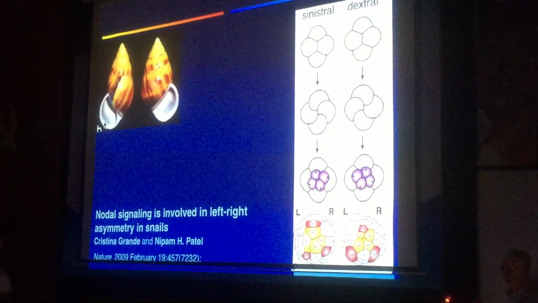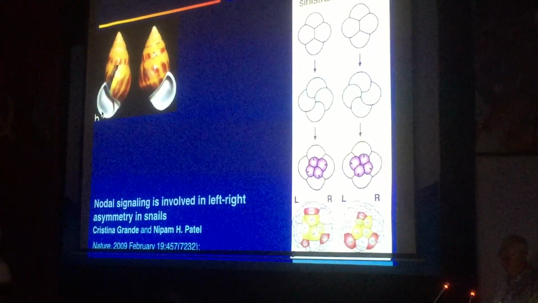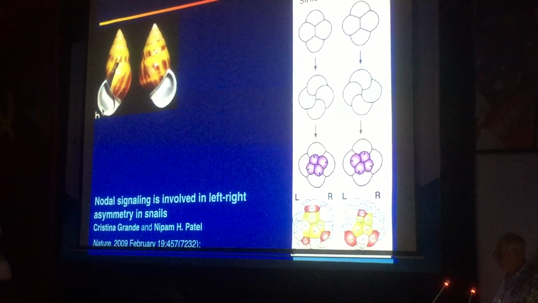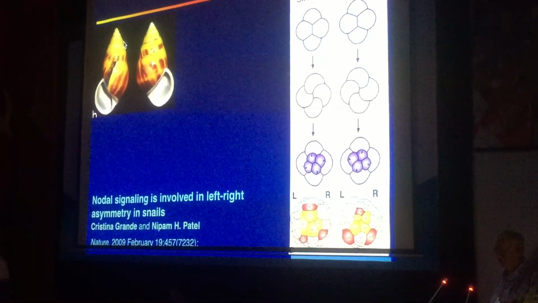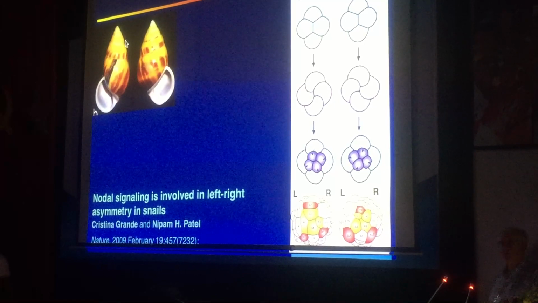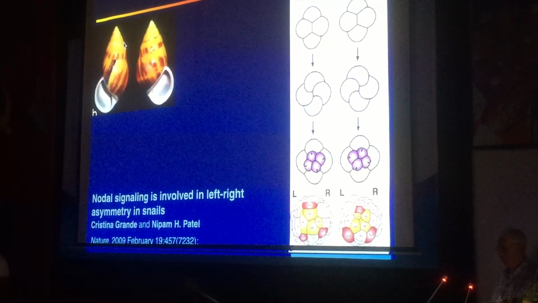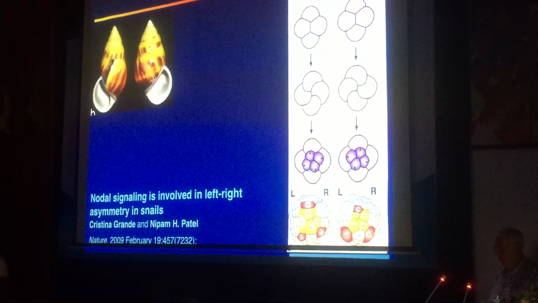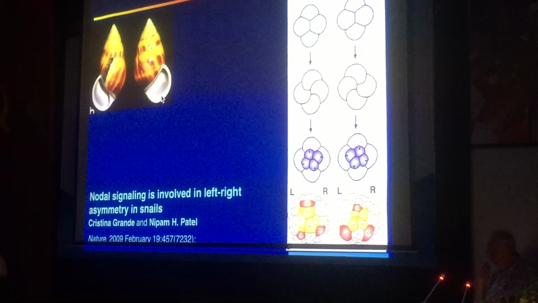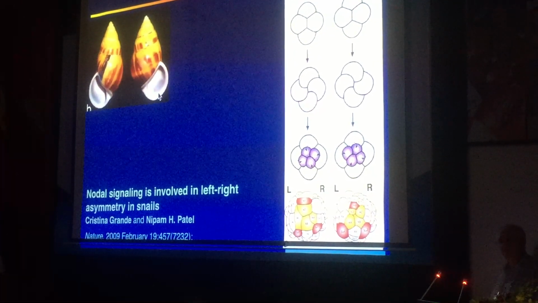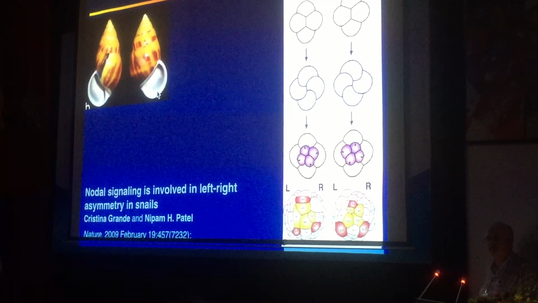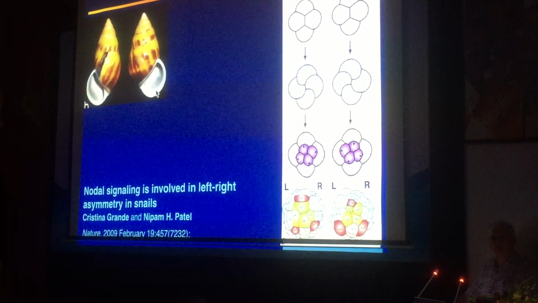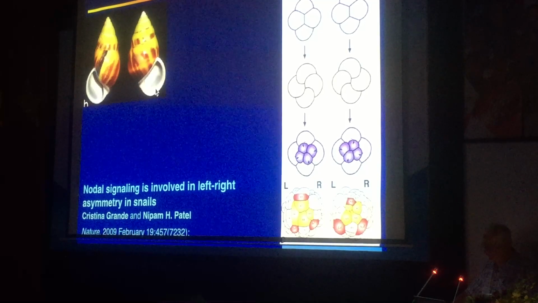And here's where the entrance of the mollusk is. Now if you take this and you knock out a gene, I won't tell you which gene yet. If you knock out one of them, then you get this going exactly in the opposite direction, okay? So even the snail can have situs solitus and situs inversus, okay?